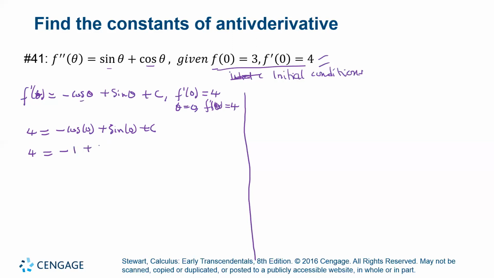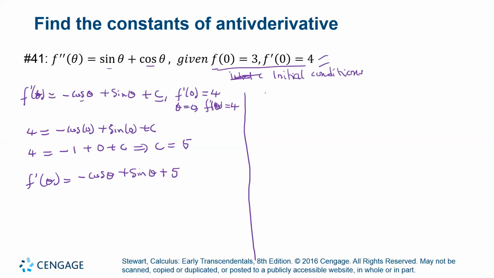Sine of 0 is 0, plus c. All right, so that means my c is equal to 4 plus 1, which is 5. Therefore, my f prime of theta is equal to minus cosine theta plus sine theta plus 5. So we see that we determined the value of c. This will give me a particular solution to that.